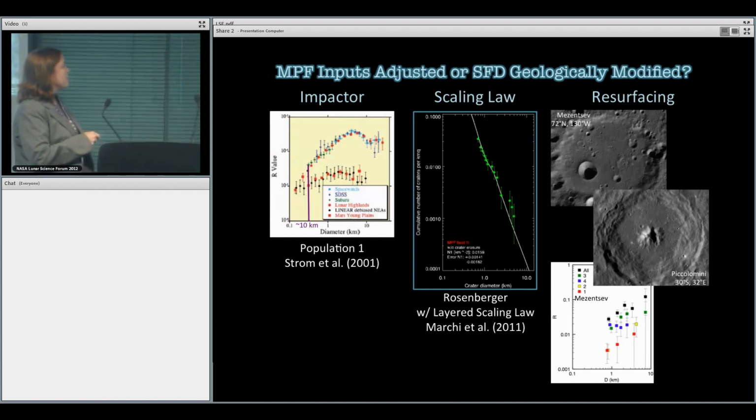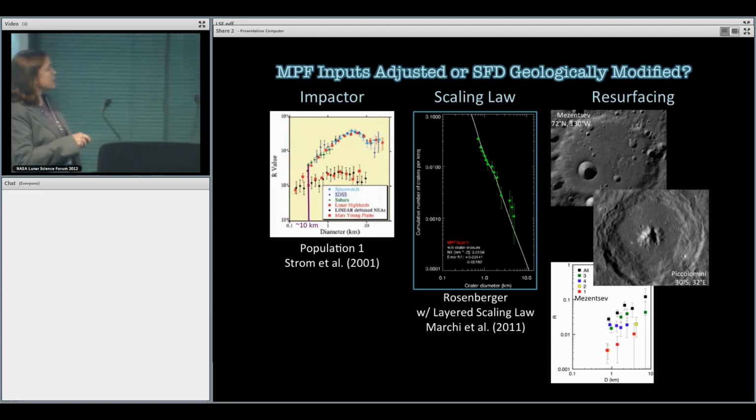However, the data for the actual main belt asteroids only goes down to about 0.5 kilometers, or 500 meters, diameter for the impactors, which is about equivalent to a 10-kilometer crater. Sorry, this part here is just data from the actual cratering on the lunar highlands. So we don't actually know, in the size range we're looking at for the superposed craters, if that trend continues or if it does something different.